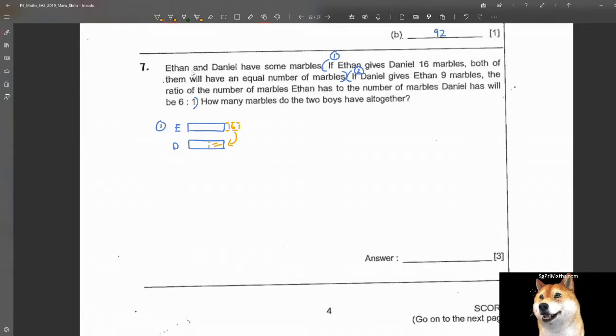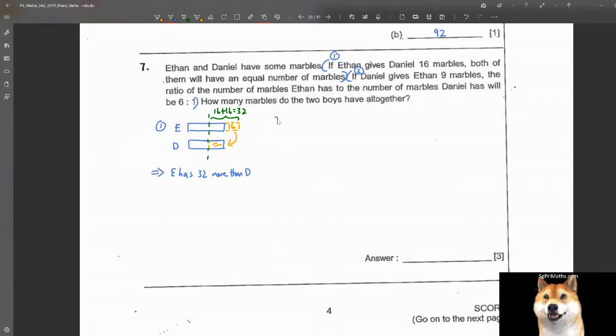So what does that mean? It means that from the start, Ethan has 16 plus 16 equals 32 marbles more than Daniel. Okay, let's write this down. Ethan has 32 more than Daniel.